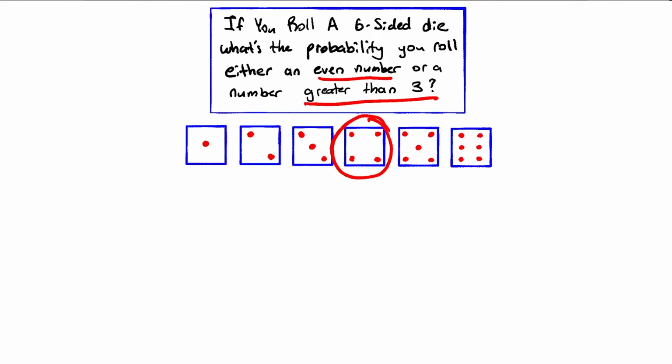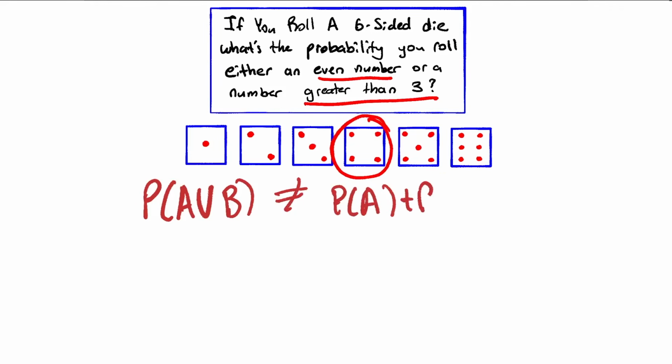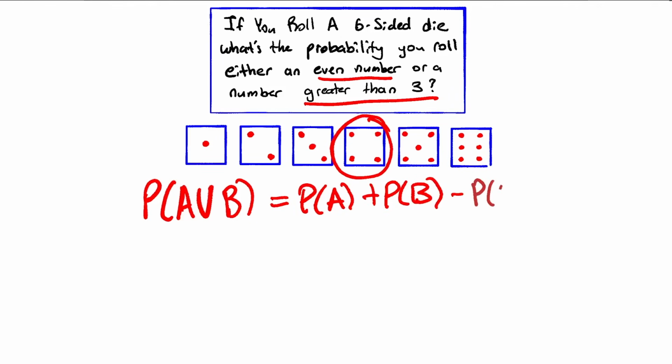The outcome of your first event influenced the outcome of your second event. Thus, the probability of A union B does not only equal the probability of A plus the probability of B, it actually equals the probability of A plus the probability of B minus that overlap part, which is the probability of A intersect B. So using this information, let's solve this problem.